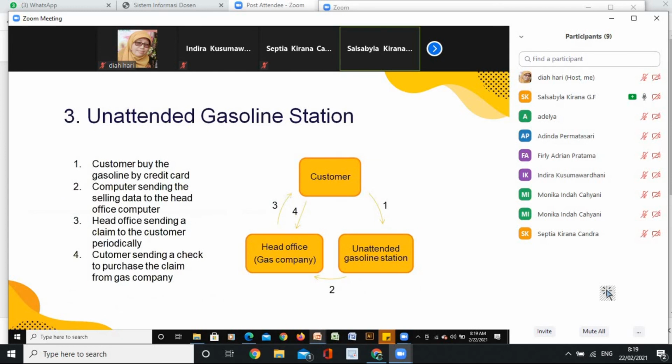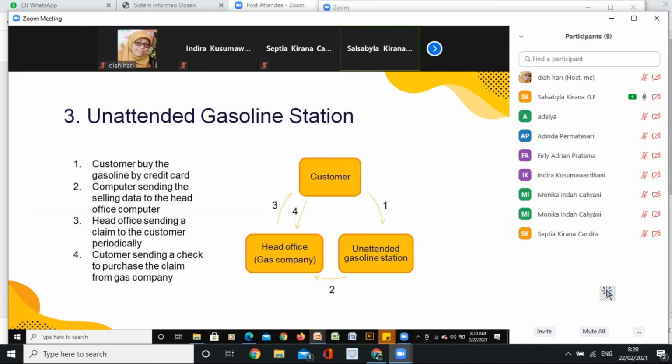The third is unattended gasoline station. An unattended gasoline station is a gasoline station that has no clerk on it. We can do self-service on it. But when we do self-service, we purchase the gas through a credit card, not by cash directly.